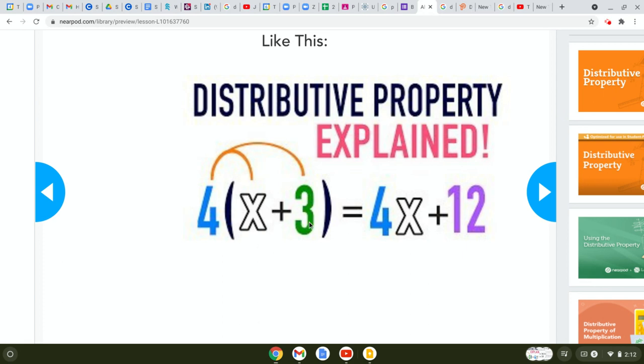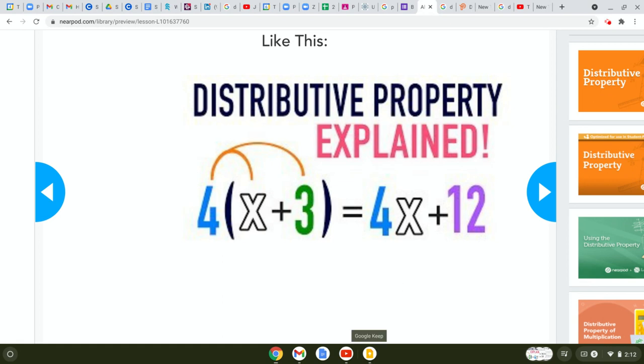Let's say you're coming over and you see a bunch of your friends. You're not going to shake hands with just one of them. You're not going to just shake hands with x. You're going to shake hands also with the plus 3 there. So 4 shaking hands or multiplying with the x is 4x, and 4 shaking hands or multiplying with the positive 3 would give us plus 12. So simplifying that expression right there gives us 4x plus 12.